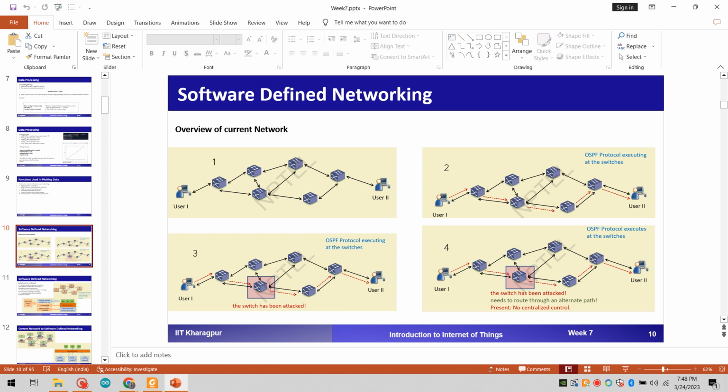So how can they send data? We need some identity, otherwise how can you send data? If you don't have the address of the other person, how can you send the data to that particular person, which is present in some other network?